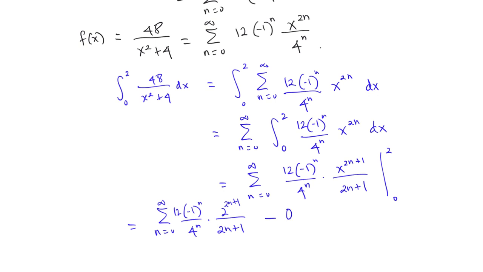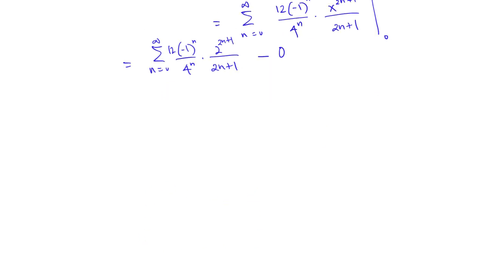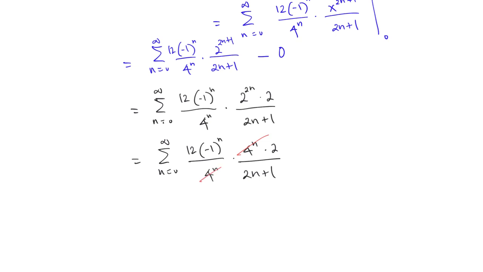Thus, the integral is now the infinite series. Simplifying this series by using algebraic manipulation, we end up with the infinite series, n going from 0 to infinity, negative 1 to the n times 24 over 2n plus 1.